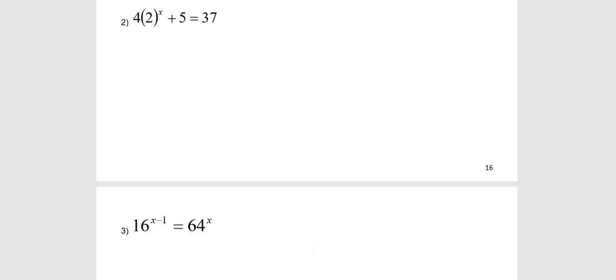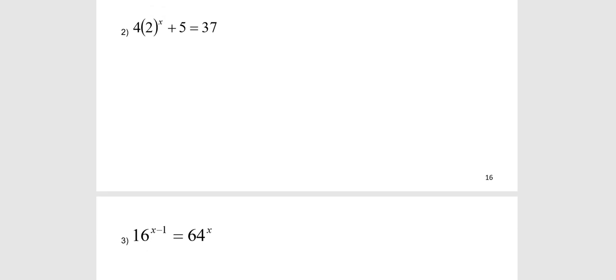So the first step is we want to get the power alone. So we want the 2 to the x all by itself. So we're going to go ahead and subtract 5.